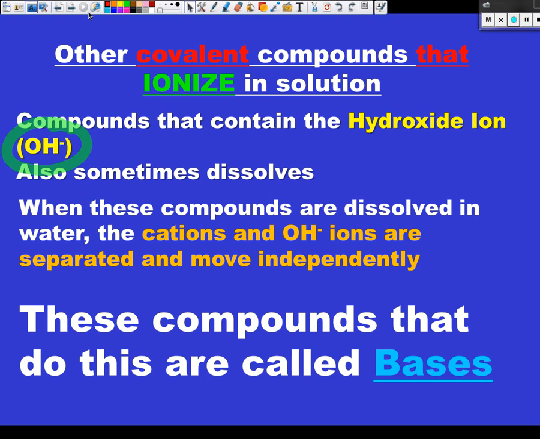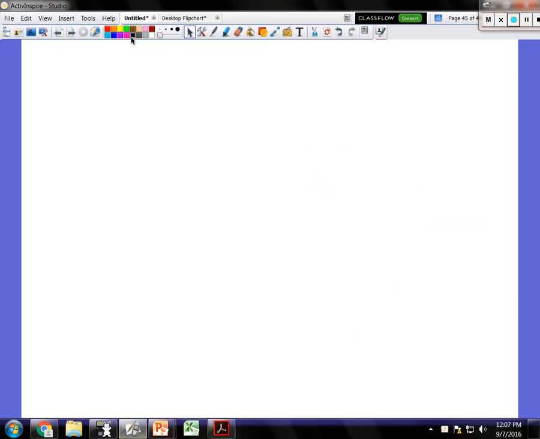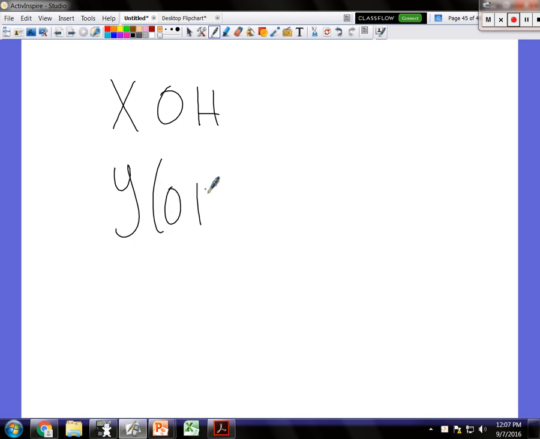Now, what I mean by that is that if you have XOH or YOH2. Now my first question is, what is the difference between X and Y? They are different elements. Very good. Okay, so let's just hypothetically say that this is a group 1, and let's hypothetically say that this is a group 2.